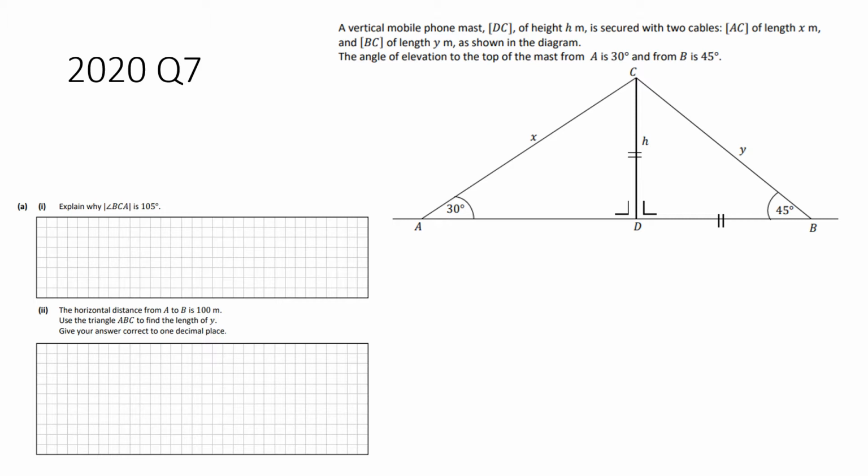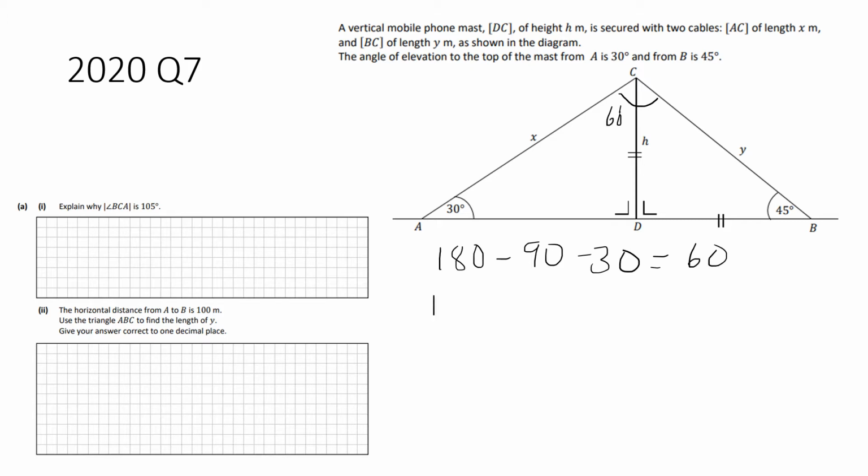So BCA is this angle here. If we find the angles here, we have 180 minus 90 minus 30, and that gives us 60. That's for this angle here.